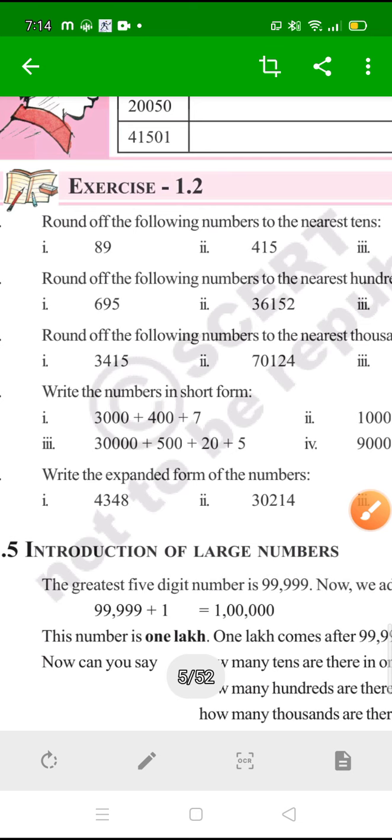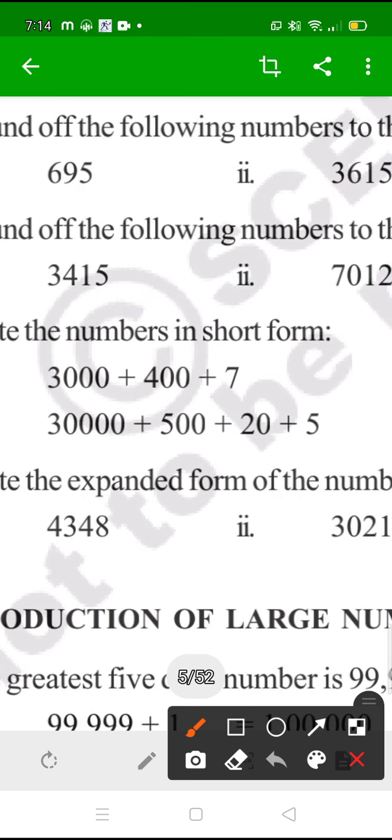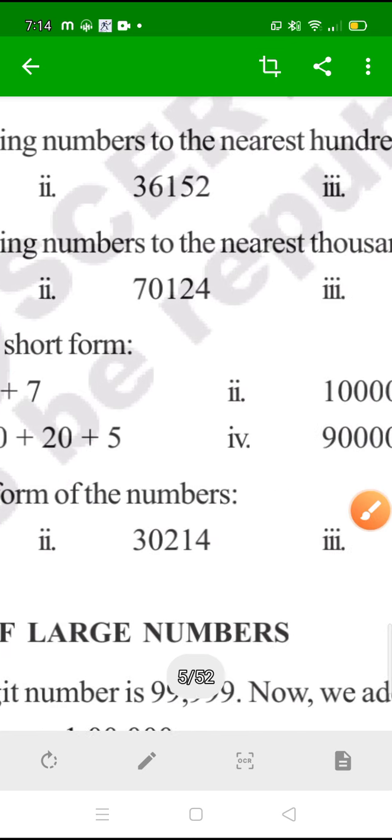Write the numbers in short form. How do you write this number? Okay, 3000. Write this number in this way, 3407. Here this one is 30,525.